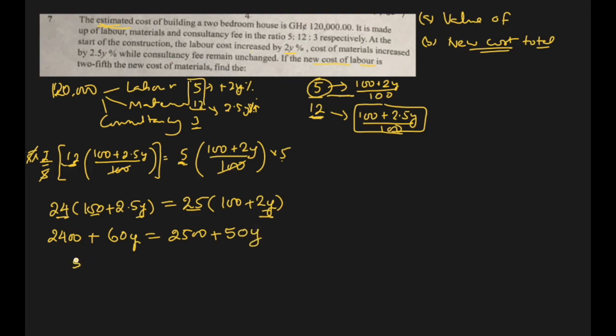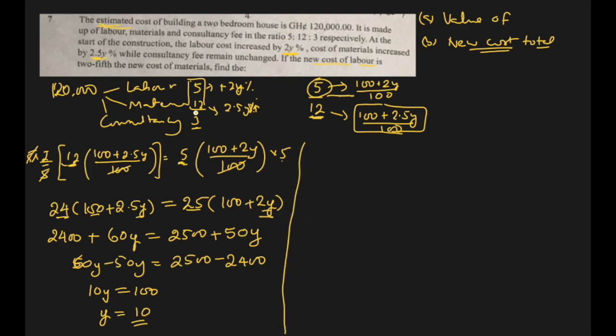Let's keep y's on one side. 60y minus 50y equal to 2500 minus 2400. Okay, 10y equal to 100. So y is 10.